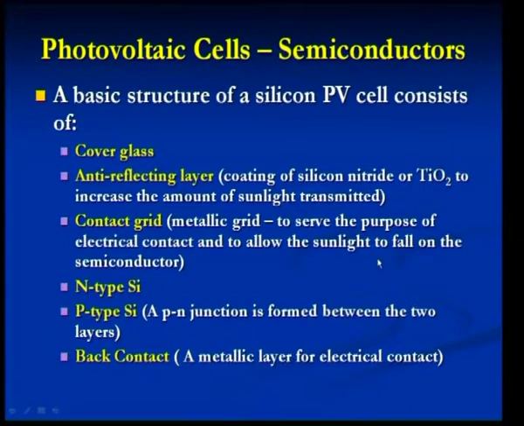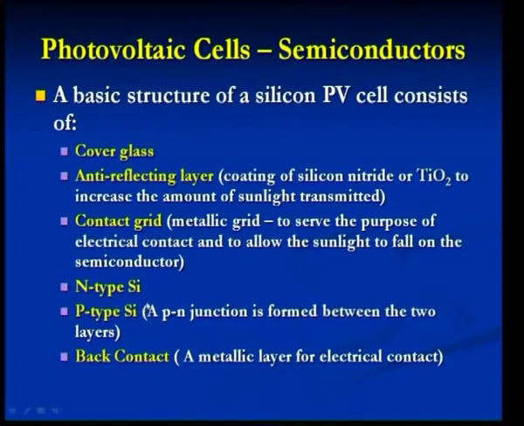So, this layer plays a dual role. One is to connect the electrons to have the connectivity for the electronic conduction. At the same time, it allows the sunlight to easily fall onto the bottom layer, where the excitation is going to take place for the electrons available in the atoms present in the lower layer.